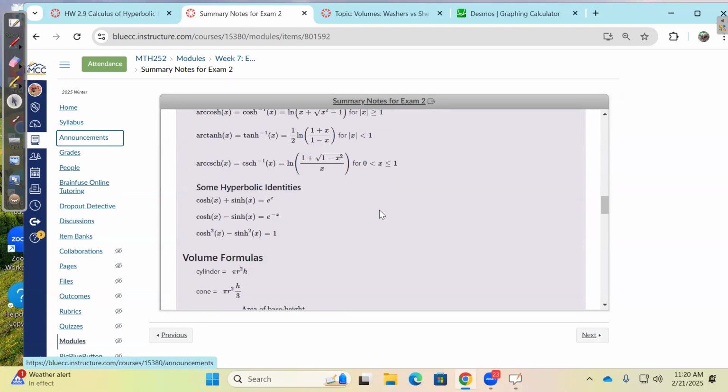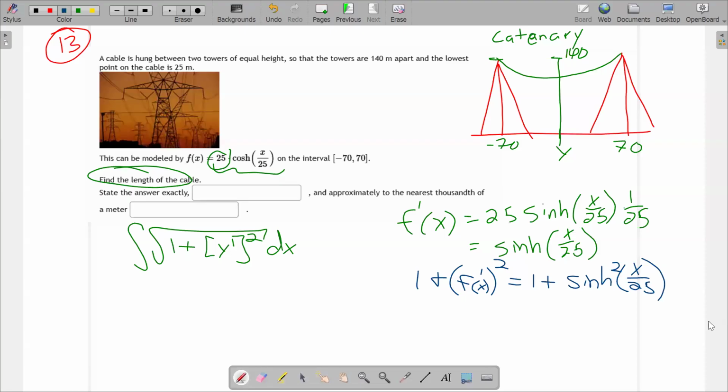Let's see. All right, so here we go. Hyperbolic cosine squared minus the hyperbolic sine squared is 1. So cosh squared is 1 plus the hyperbolic sine squared, which is exactly what I have here. So this is the cosh squared of x over 25.